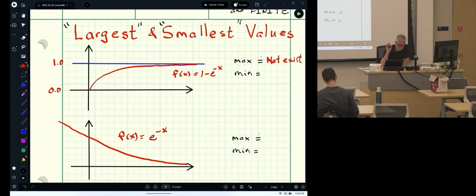We get closer and closer to 1, but we never achieve it, okay? So if I was to say x star is the maximum, f star is the maximum value of this function, it doesn't have a max, because there has to be a value in the domain. Now for this one, the minimum value, that's a little bit easier, okay? So the minimum value exists.